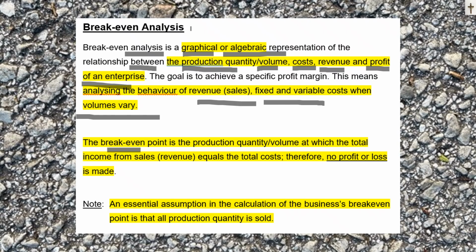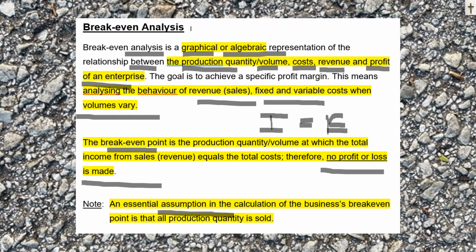The break-even point is where income is equal to expenses, and at that point no profit or loss is made. When we do this section, we assume in all these calculations that all the products that are produced are sold. That's the assumption when we do break-even analysis.